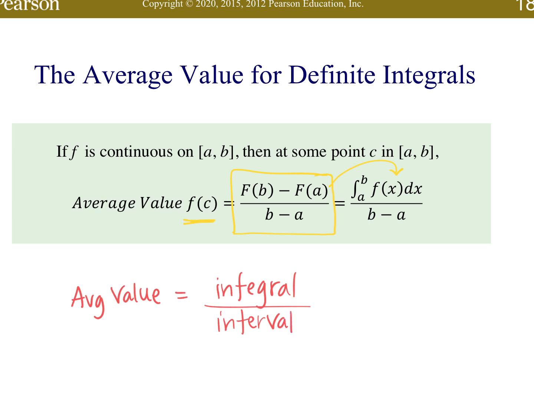The integral would be the integral going from a to b of f of x dx. The interval is the subtraction of b minus a. Now this definitely has a geometric representation. This is going to also help you with any word problem where it's like, find the average value of the number of bananas that were sold. Okay, it's the integral of the number of bananas divided by the interval.